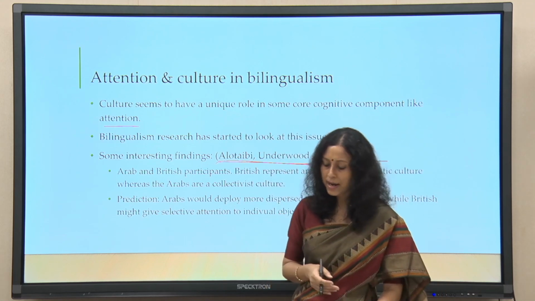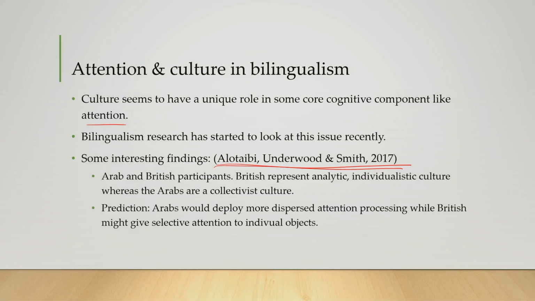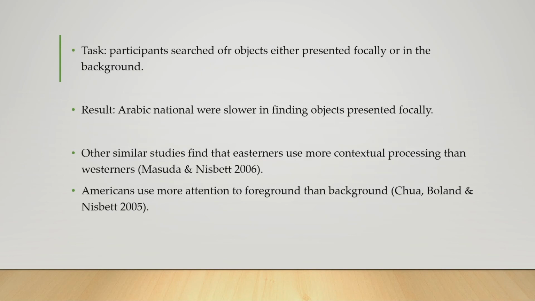Given this background, the study predicted that the Arabs would deploy more dispersed attention processing, while the British might give selective attention to individual objects. So, they searched for objects presented focally or in the background. Various pictures were given, and the subjects were supposed to find an object in the picture.